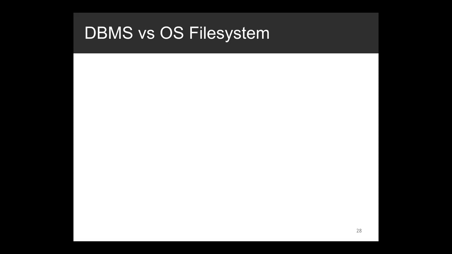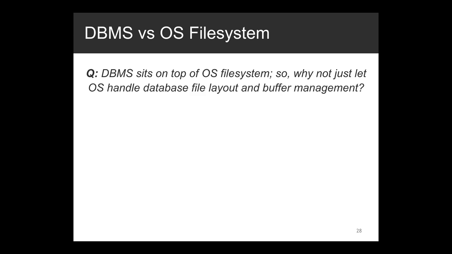Great. So now there was a question last class about operating system and DBMS. Why not just manage databases as files? Why do we need this special piece of software called the Relational Database Management System? As such, every request to the disk goes through the operating system's file system. The DBMS does not implement its own file system.